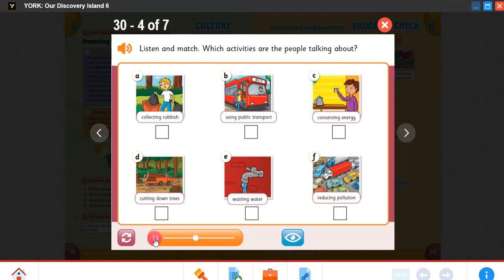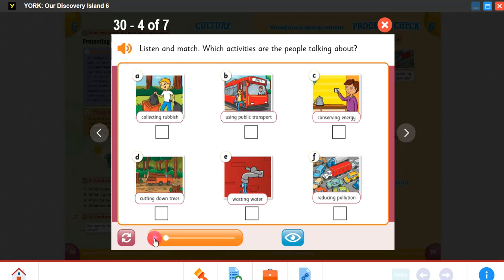Yes, we need to find other ways of making these things, or we could end up without any forests at all. 4. There are too many cars on the road. If we all used more buses and trains, there wouldn't be as many traffic problems. It would also be better for the environment too. 5. Before you go out, check that all the lights have been turned off. Yes, and the computer too. 6. Do you always turn off the tap when you brush your teeth? Yes, I do. And I always have a shower instead of a bath.